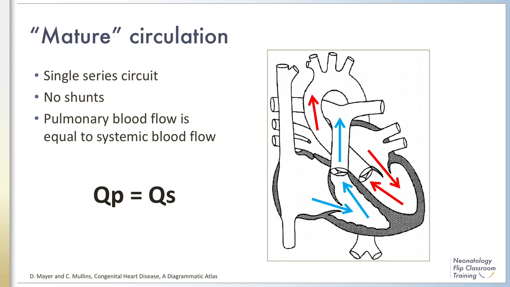In this manner, the ratio of pulmonary blood flow is equal to systemic blood flow, a relationship that can be described by the ratio between QP and QS, where Q represents flow, P represents pulmonary circulation, and S represents systemic circulation. So in the normal cardiopulmonary circulation, the ratio between QP and QS is 1. As we will see in both fetal circulation and in persistent pulmonary hypertension, QP can be significantly lower than QS.